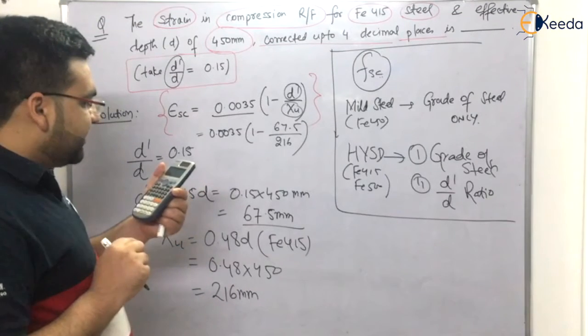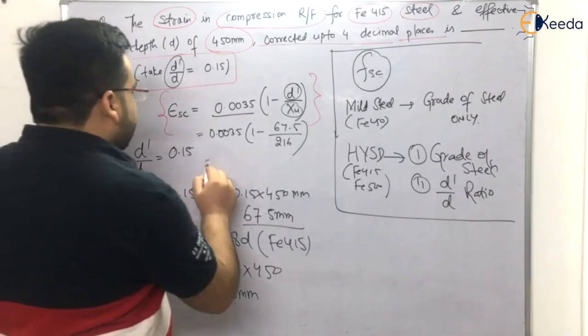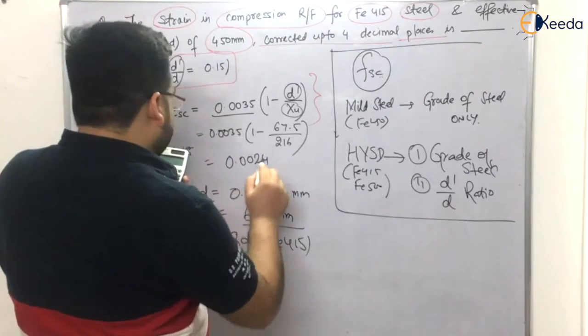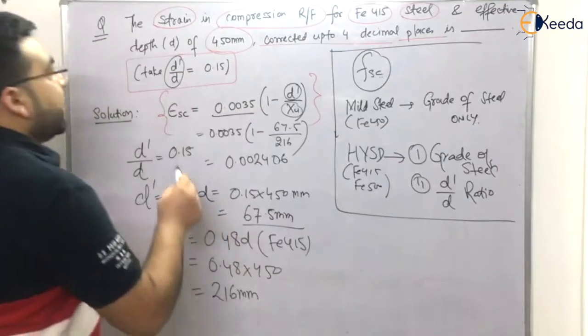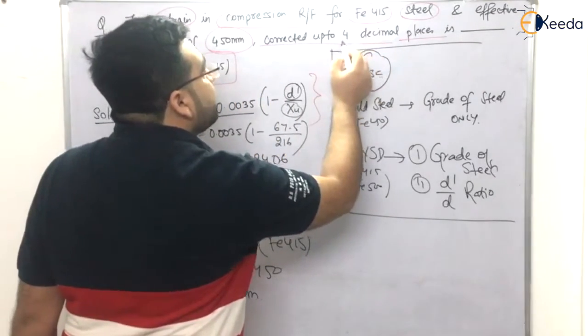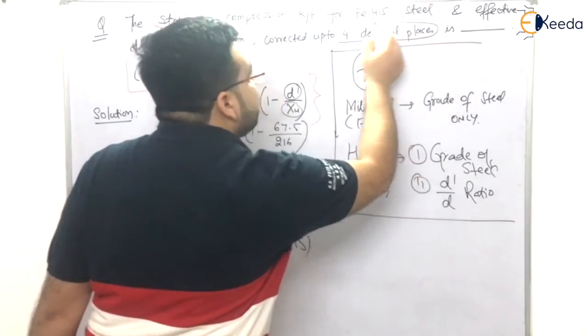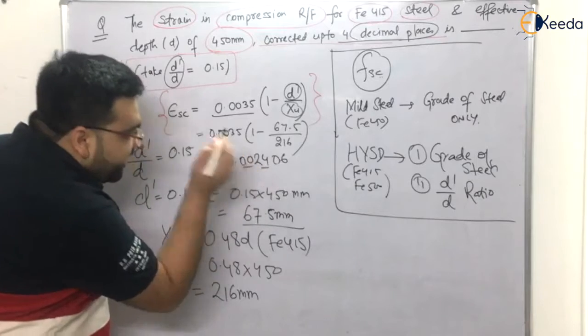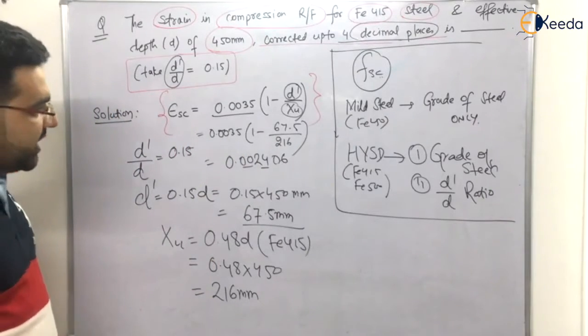It comes out to be 0.002406. Clear? The question asks for the answer corrected up to 4 decimal places, so 1, 2, 3, 4.